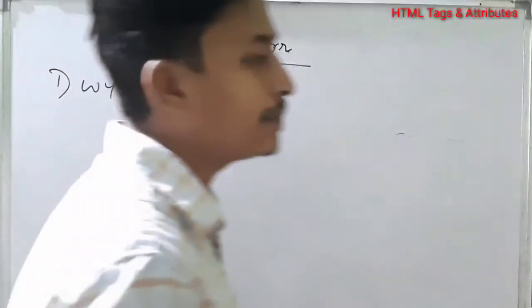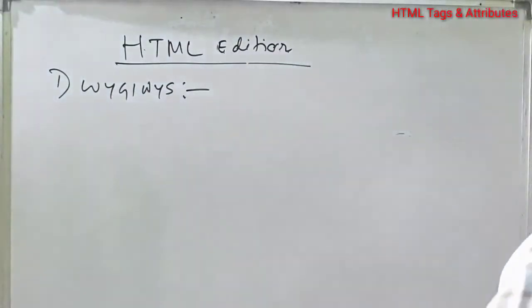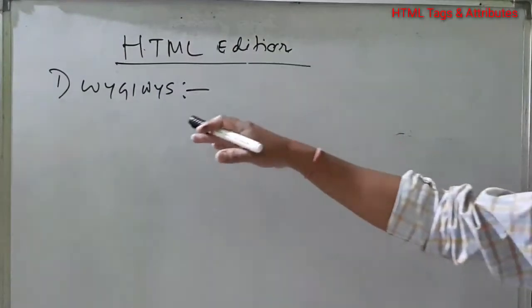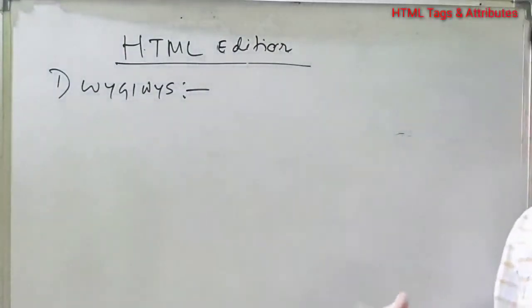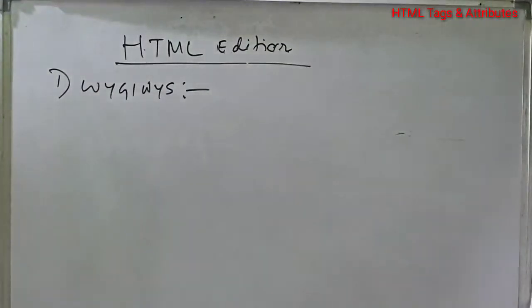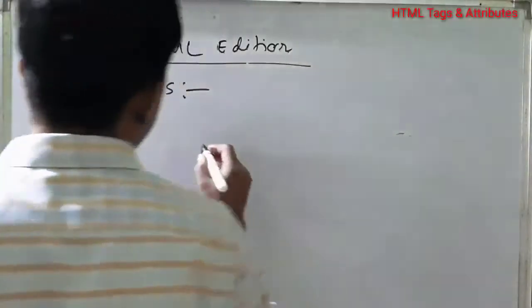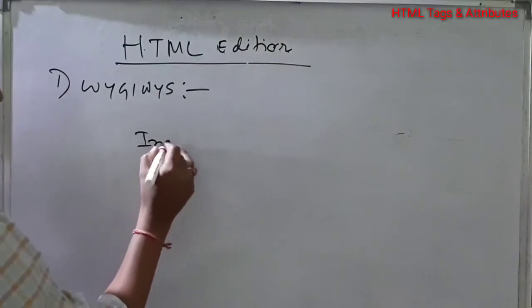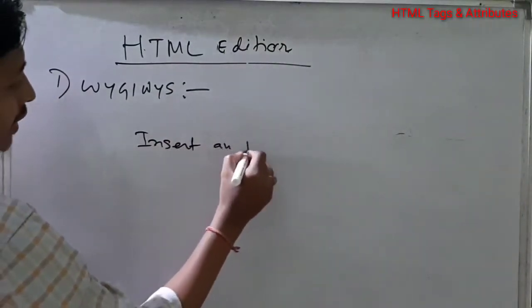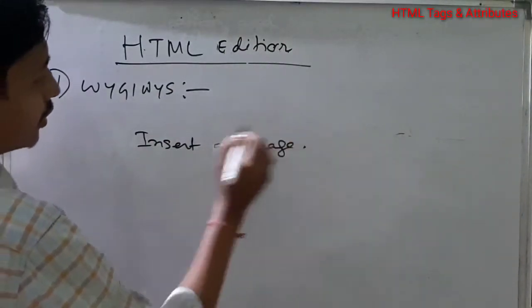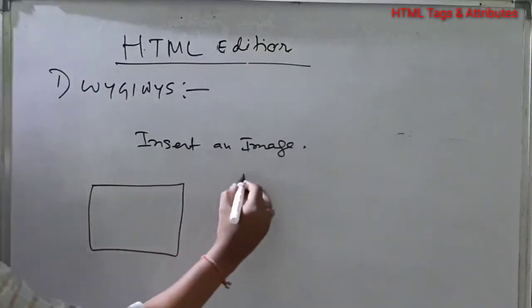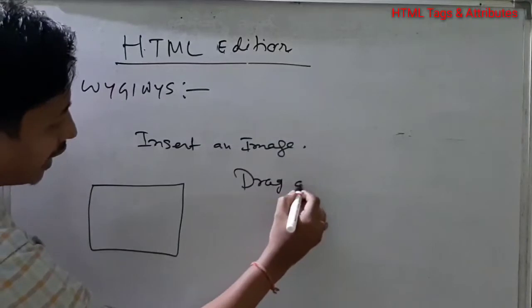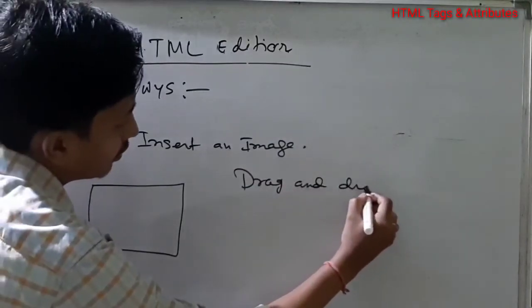Okay, it means what? If you are using a WYSIWYG editor, then you don't need to write the codes. Okay, for example, if you want to insert an image, you just drag and drop it.